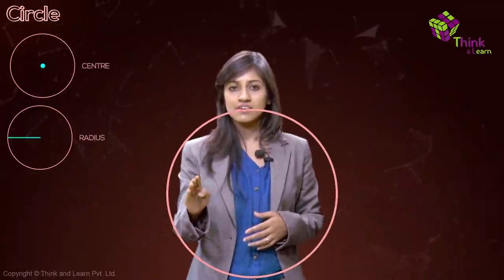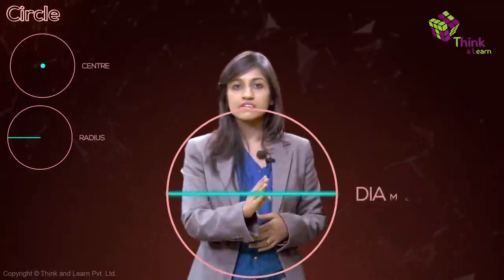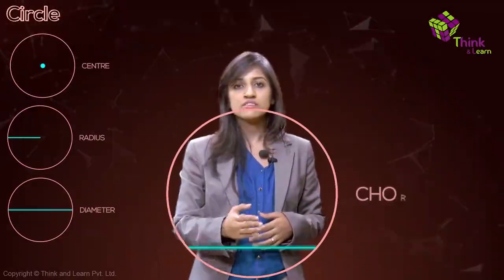So let's summarize everything so it becomes really, really simple for you. So I have a circle over here. Now, let's look at the first part. This is the center. This is the radius. This length is the diameter. This is a chord.